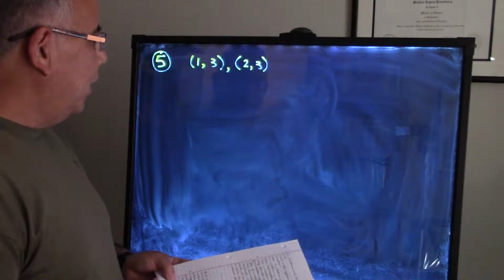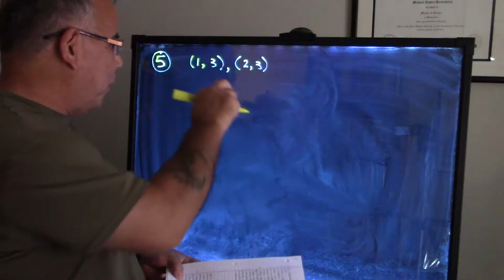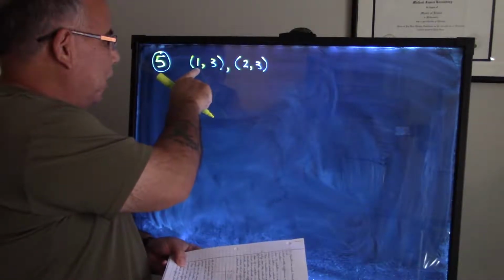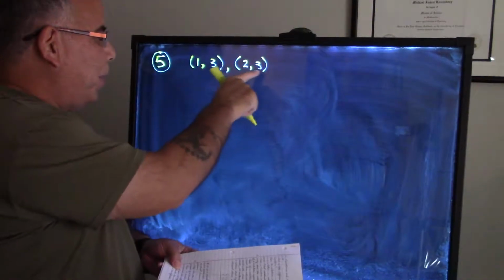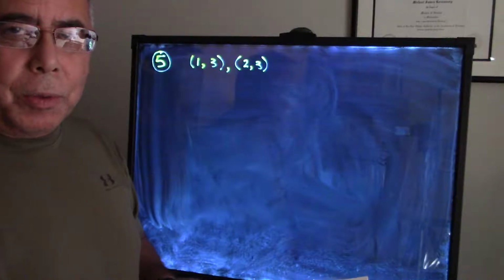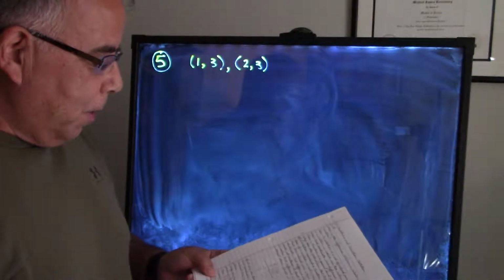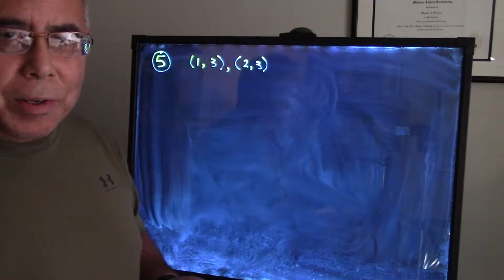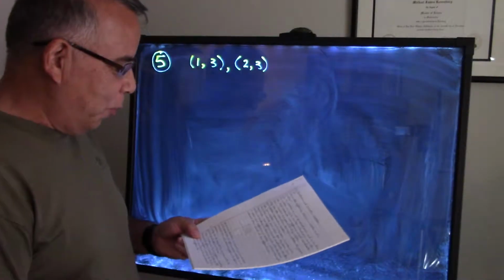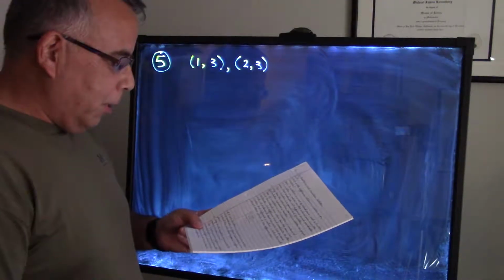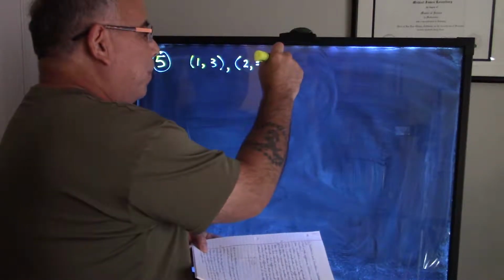This is in fact 2 to 1 so far, what I've got written here. These two x coordinates are paired up with the same y coordinate, so you would call that 2 to 1. We don't actually use that as an official term, but that would be an informal way to describe it. So this is not 1 to 1.